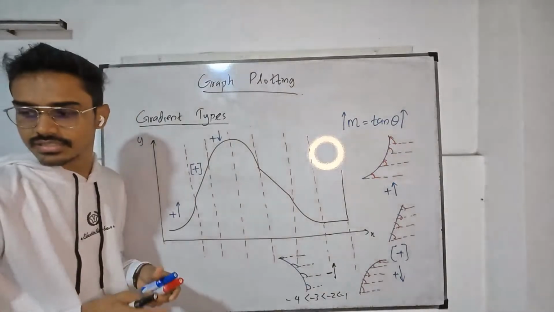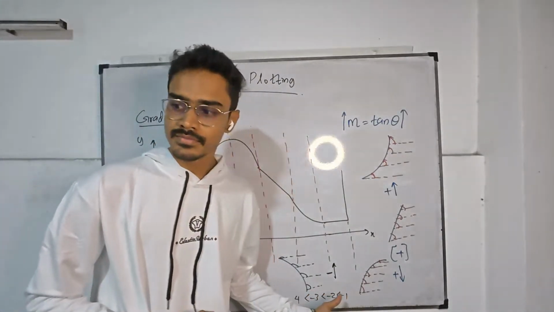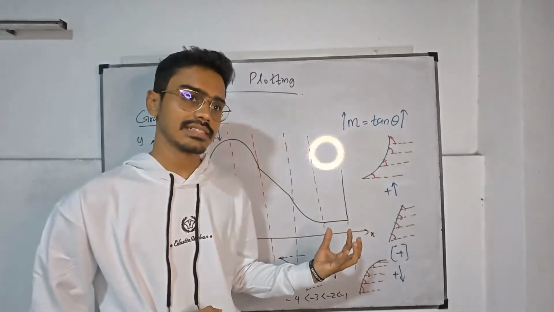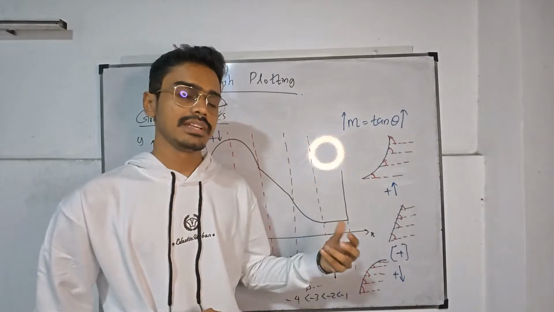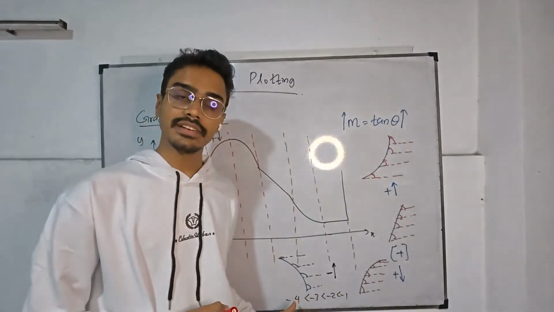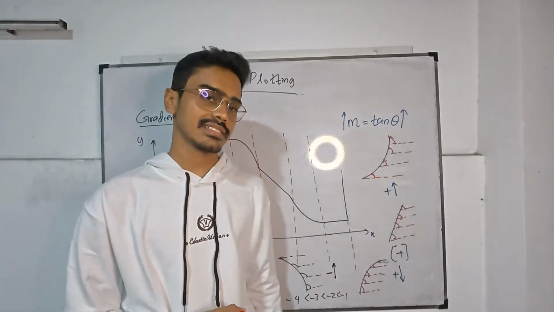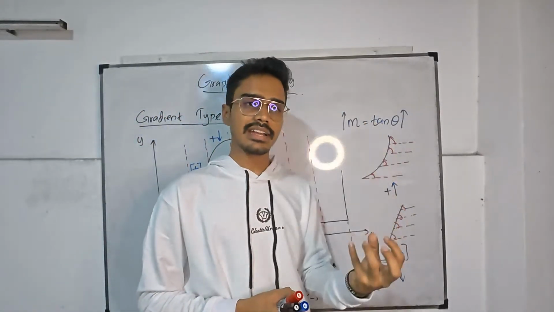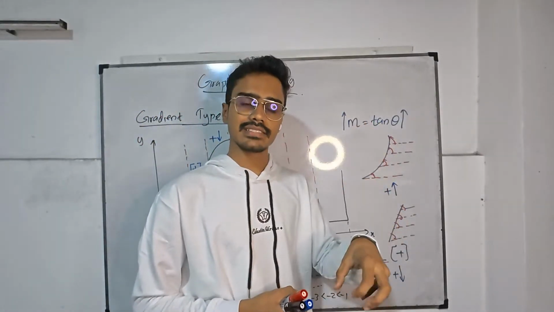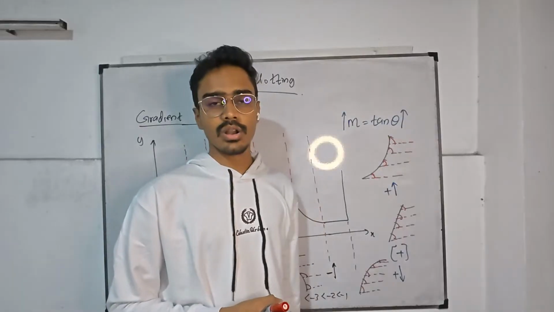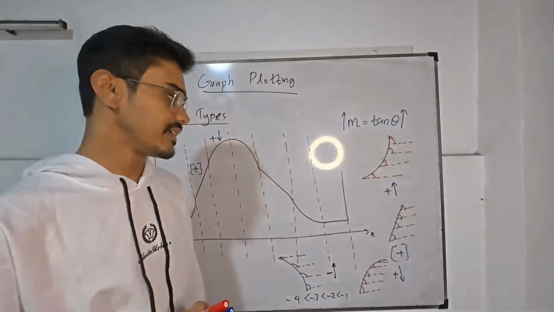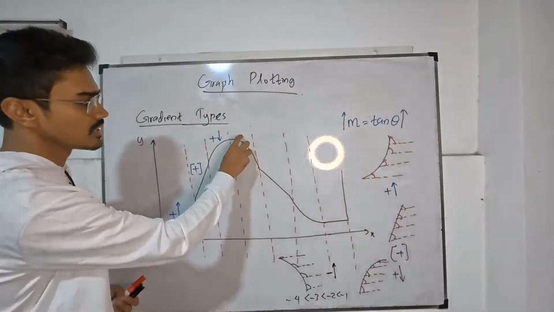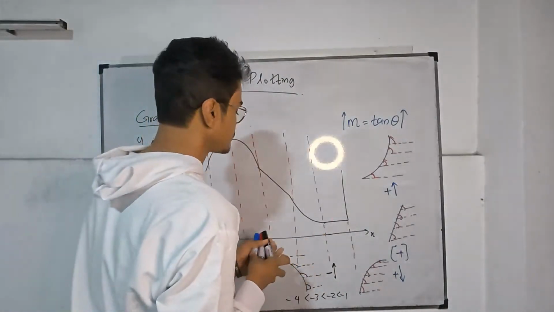So likewise, when the negativity of the value decreases, the actual value increases. That is what happens here. Tan theta decreases, but the negative value decreases, so the whole value increases. Therefore, this is called a negatively increasing gradient.